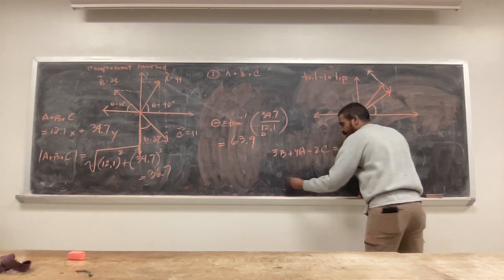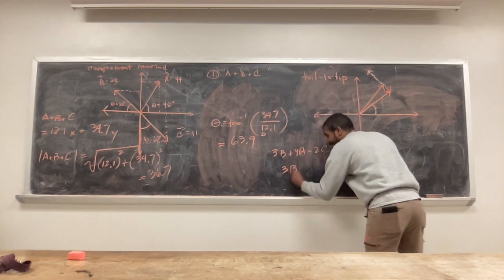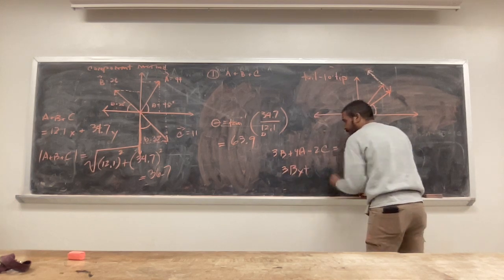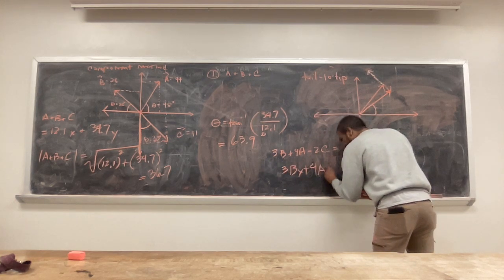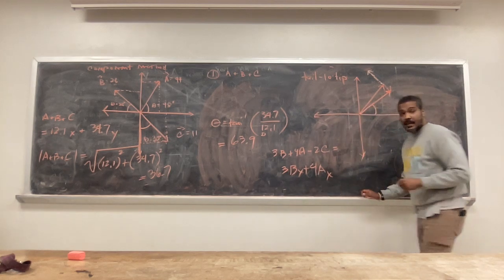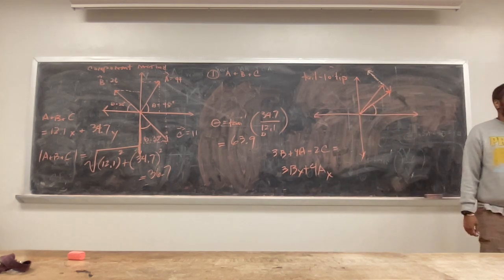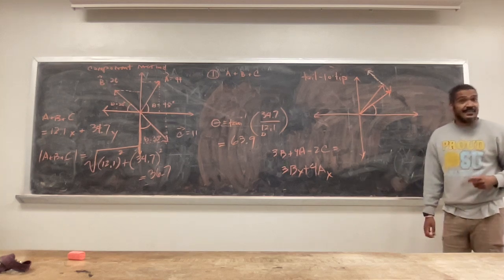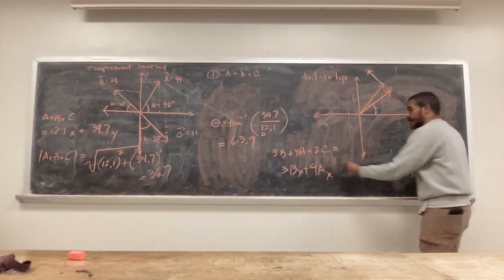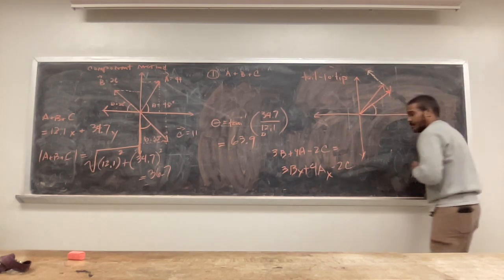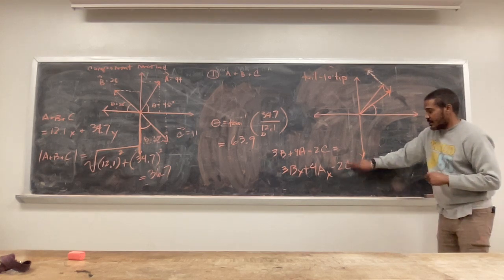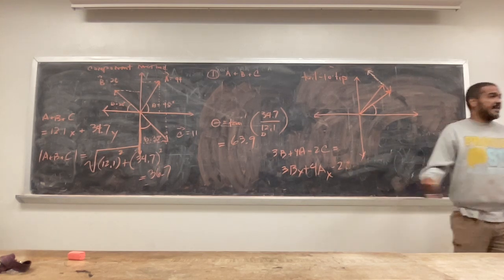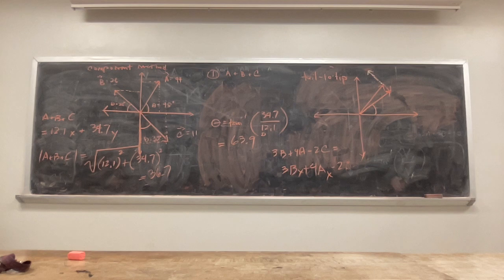So it's gonna be 3bx plus 4ax minus 2cx. I just made that up. Like I was telling you, it's math. I'm trying to teach you how to do vector math.